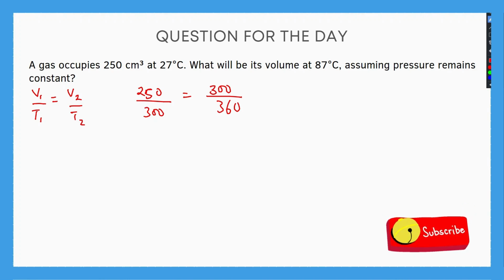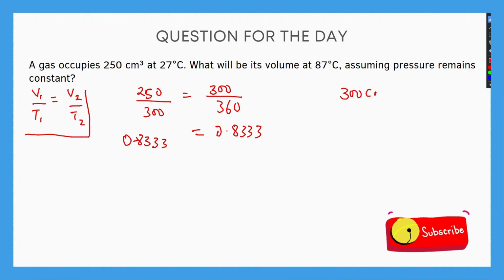Let's see if the two of them will be equal. 250 divided by 300 gives us 0.8333. And then let's check 300 divided by 360. It also gives us 0.8333. So we can confirm that our answer is correct because it obeys Charles' law. So the final answer is 300 cm³.